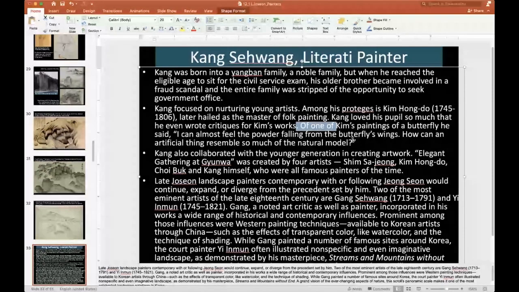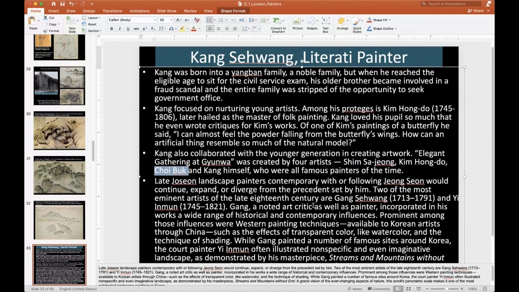He really praised Kim Hong-do's amazing drawing techniques. And he often collaborated with the younger generations. He really praised talented artists like Shin Sa-jung, Kim Hong-do, and Tae-buk, and he collaborated with them.